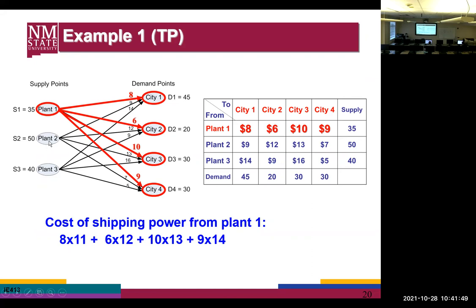It's 9 times X21, 12 times X22, 13 times X23, 7 times X24. And also you need to add 14 times X31, 9 times X32, 16 times X33, 5 times X34.